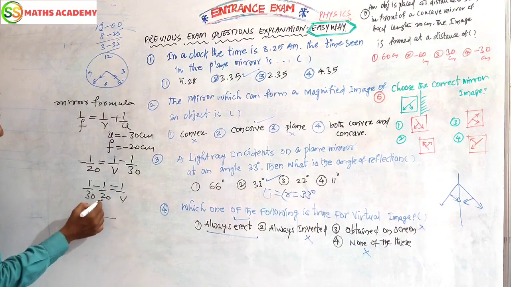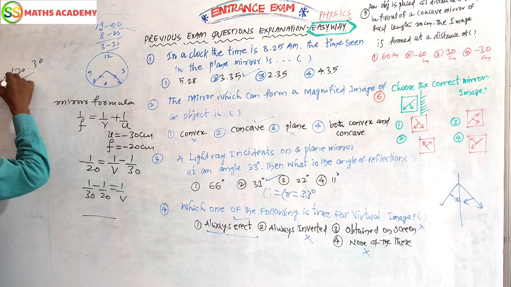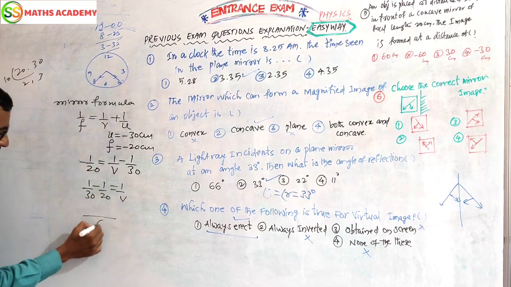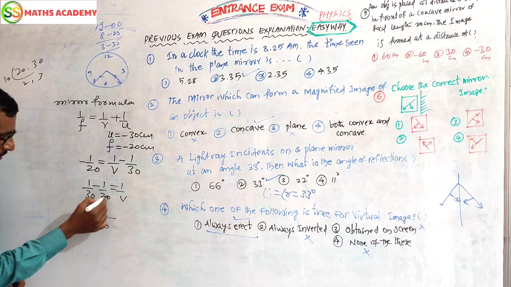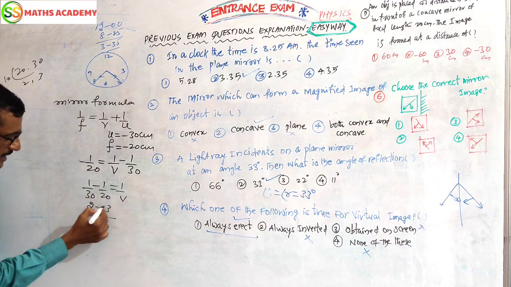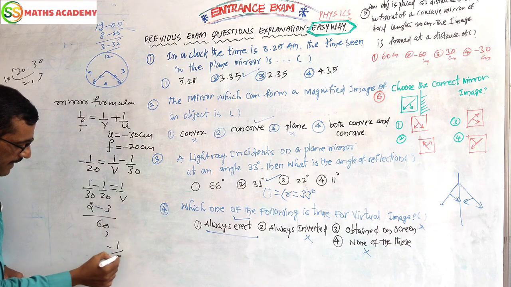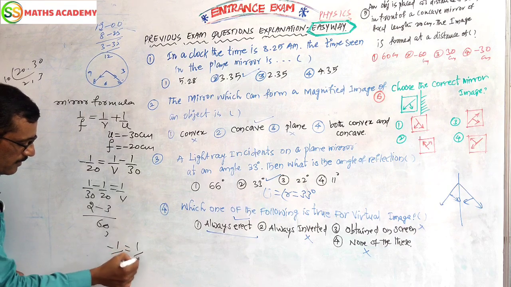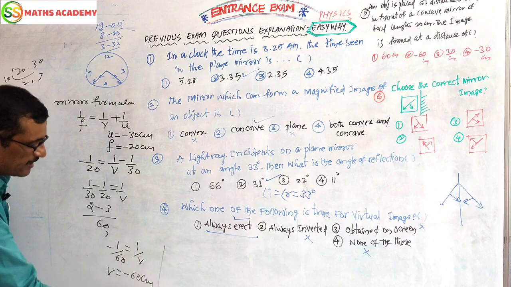What is the LCM of 20 and 30? 60 will come. So 2 minus 3 equal to minus 1 by 60 equal to 1 by v. Lastly v equal to minus 60 centimeter.